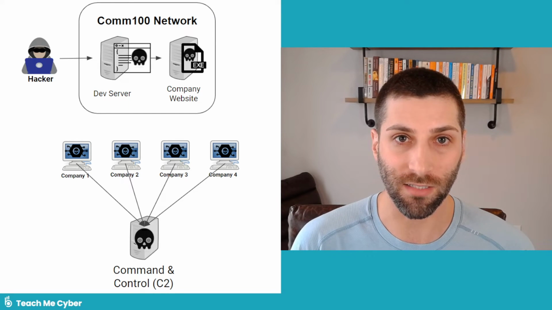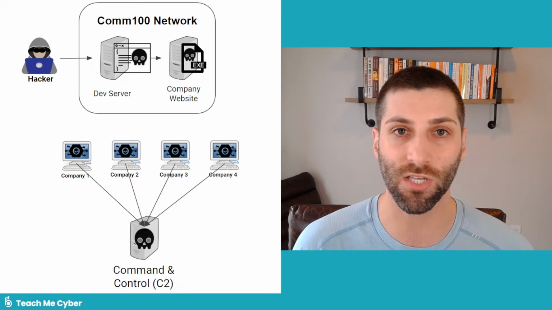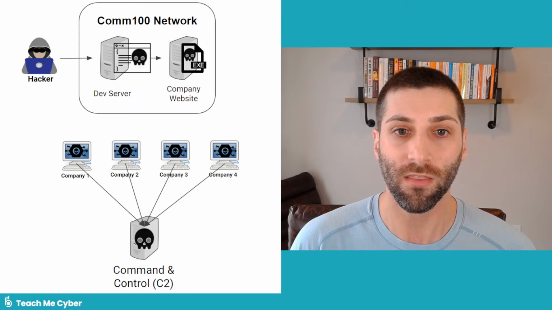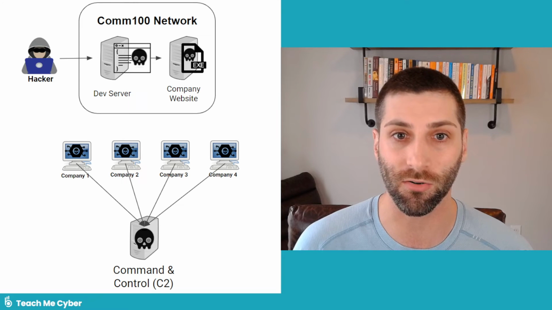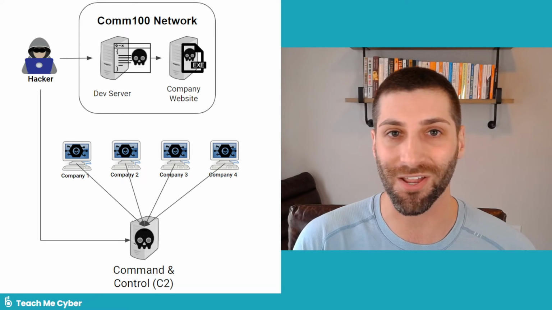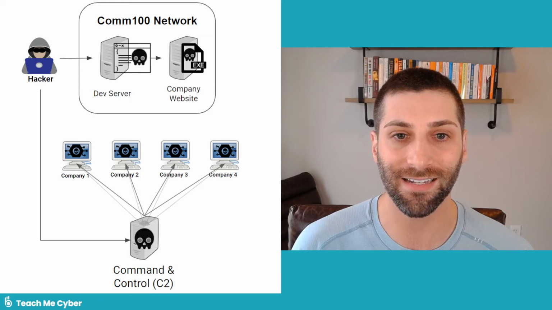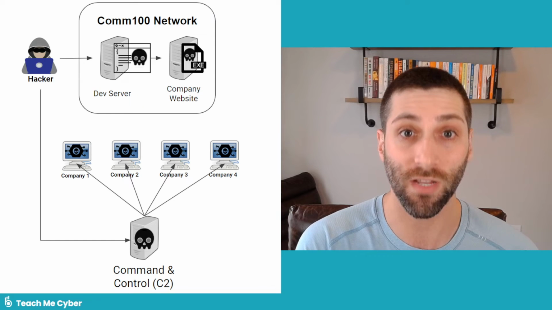That backdoor is designed to connect to a command and control server. This is essentially just a server that the attacker sets up that they control. The malware, the backdoor on those victim systems, is going to connect back to it, and that gives the attacker the ability to interact with them. So the attacker connects to their command and control server, and that gives them the ability to connect into those victim companies.